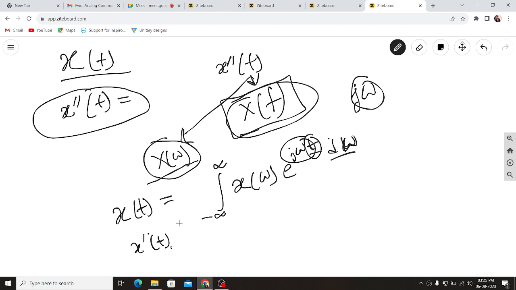Similarly, if we do the double derivative, it will be (j omega) square, that is (j 2 pi f) square.